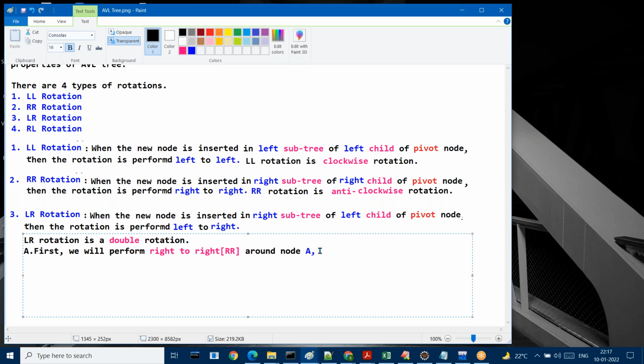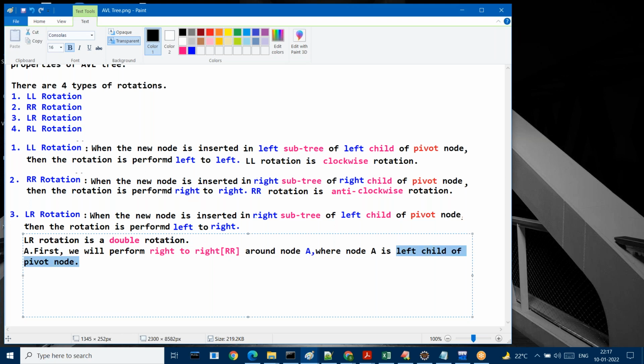Because previously the RR rotation you said with respect to pivot, but suddenly you are telling here RR rotation has to be performed around node A. Who is that node A? Where node A is the left child of the pivot node.